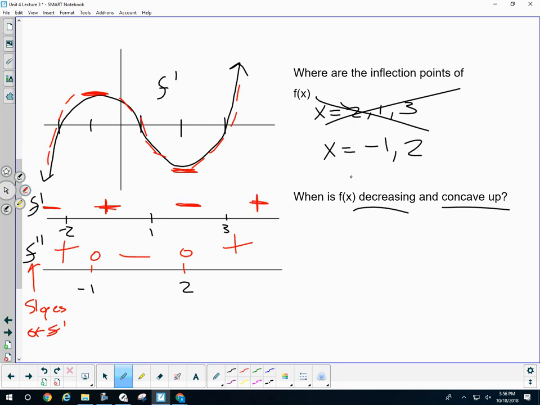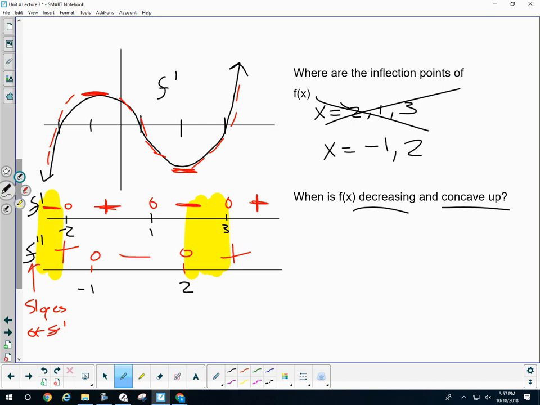Could you look at the graph and get the correct answer? Sure. But boy, would I prefer you do this and then think, okay, decreasing, that's here, concave up, that's here. Here is one location where they overlap. Here's another location where we're decreasing and concave up, right there.